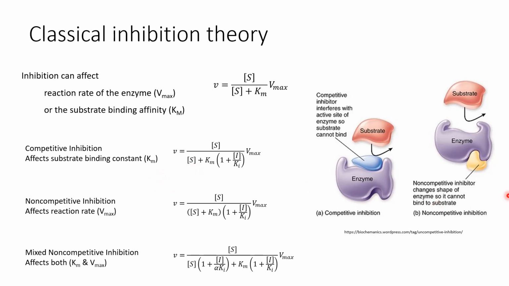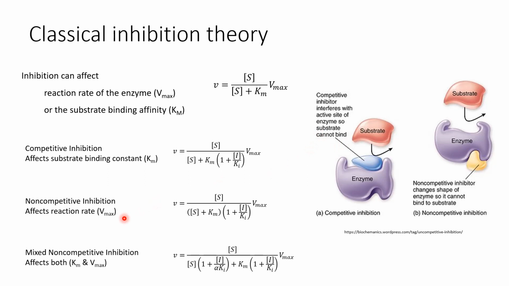In the non-competitive form of the equation, you are affecting the catalytic rate of the enzyme, so you're actually turning the enzyme off. So in this equation, the inhibition term is directly affecting the Vmax. So as your enzyme population gets bound by inhibitor, you're turning off each one of those enzymes in your population as the inhibitor is bound to it.